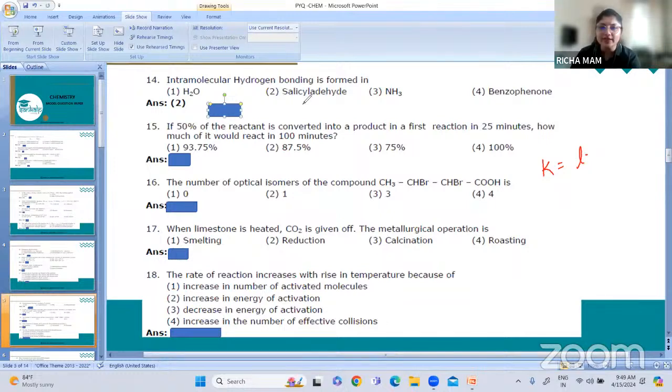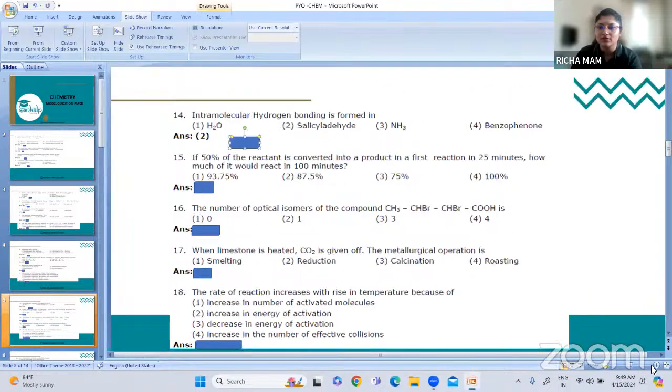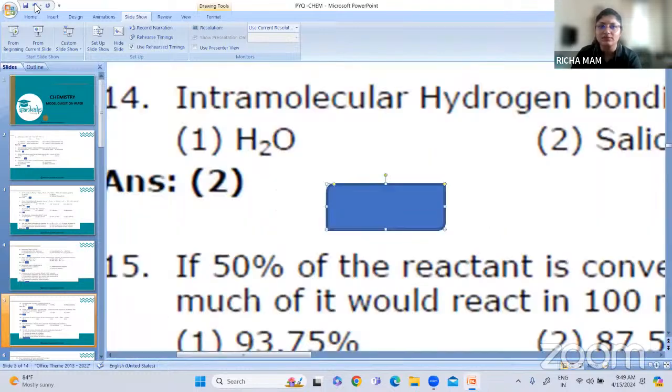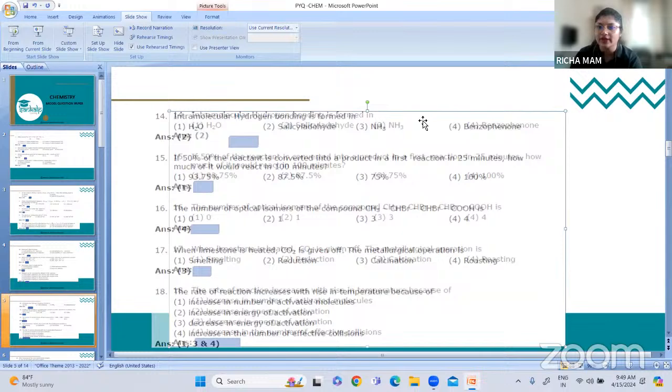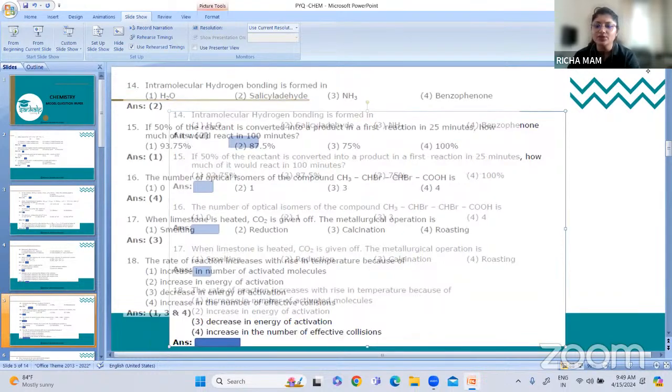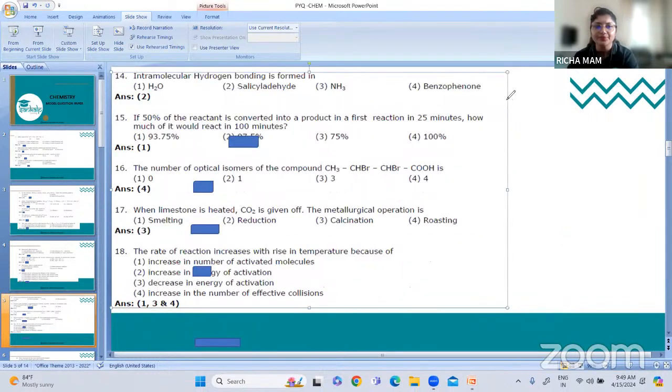Shweta has answered it as D. So let us see, I want the slide here. I'll take it this side, I'll zoom in. I can write it here. Fine, so let me solve it here.